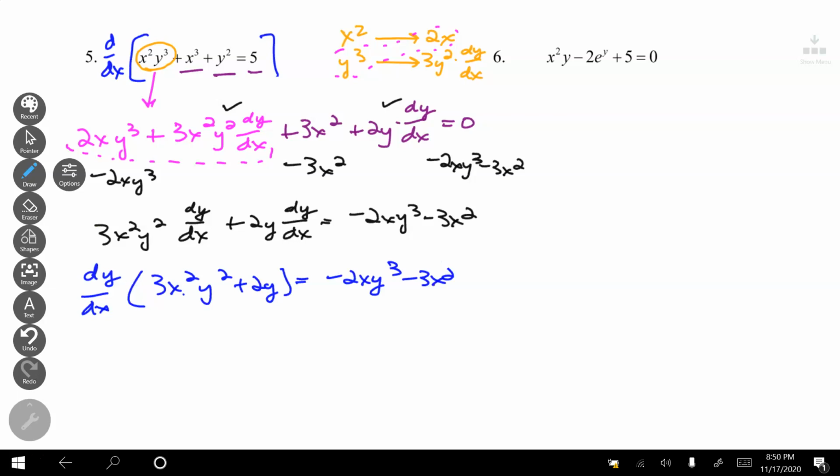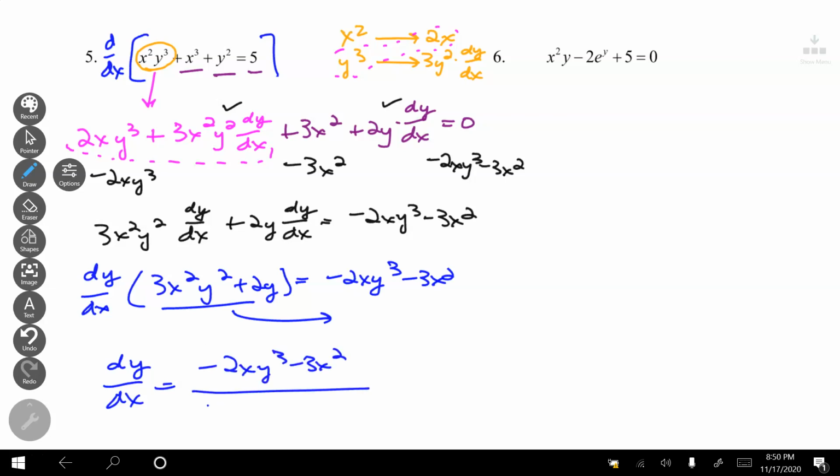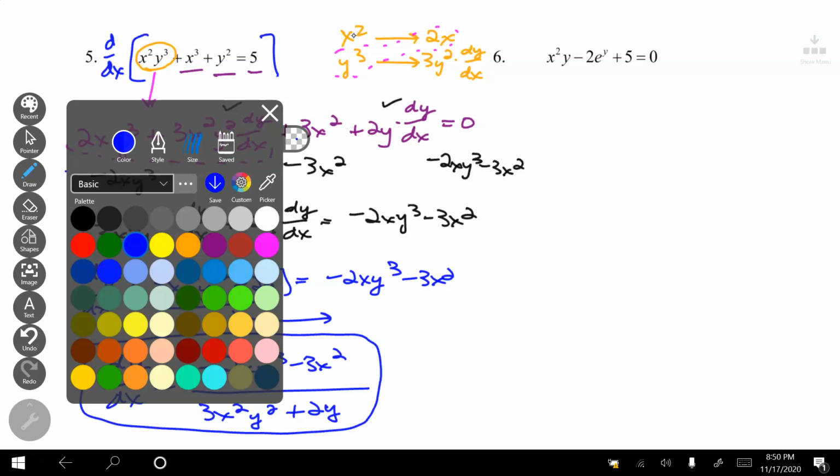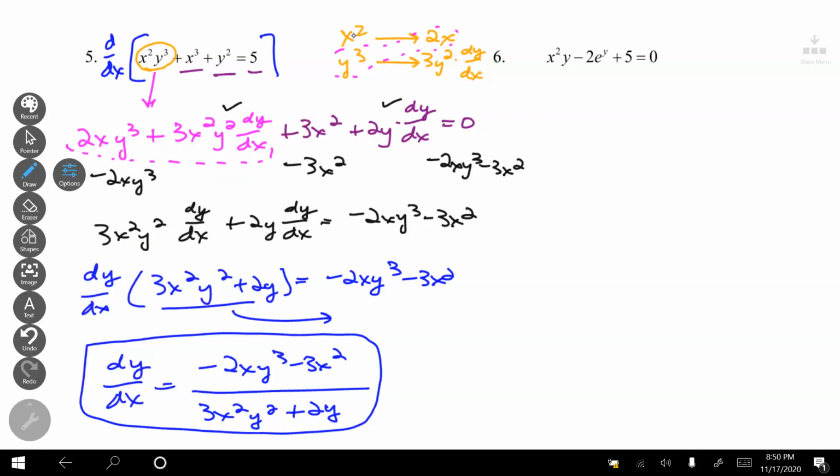And then I can divide by all this. And I'm going to get my dy over dx is equal to negative 2xy cubed minus 3x squared over 3x squared y squared plus 2y. Yep, got a lot of variables there. There's a lot of organization that needs to go on in these problems. You've got to keep your variables straight.